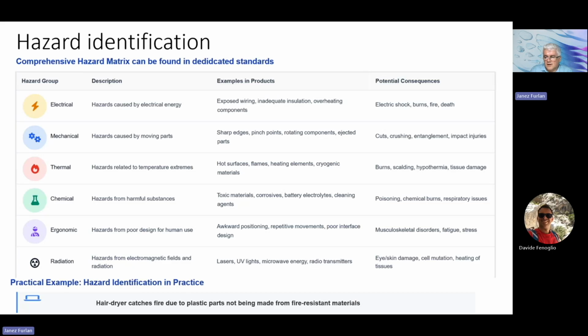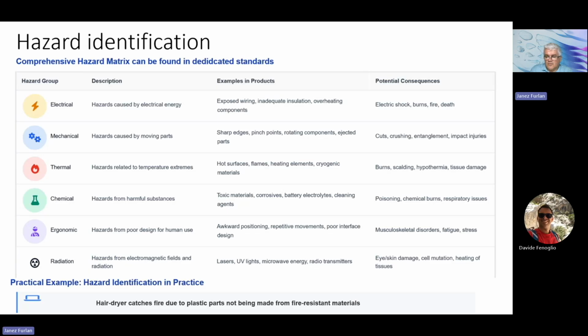Thermal hazards are present where there is some heat powered or present in the product, for example, kitchen cooking appliances. Chemical hazards are almost always relevant and present with toxic materials, or where some sort of reactions could take place when using the products, then ergonomic issues, radiation, and so on.